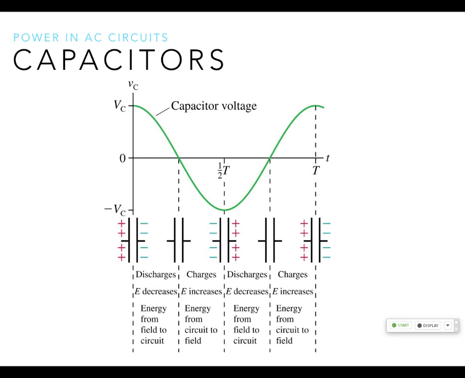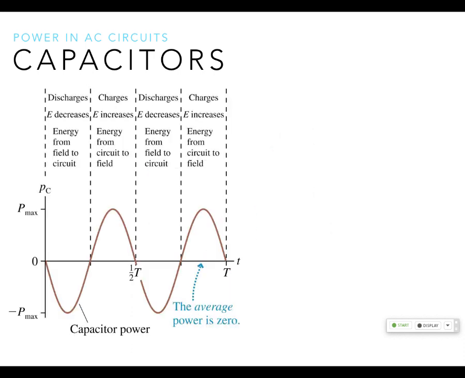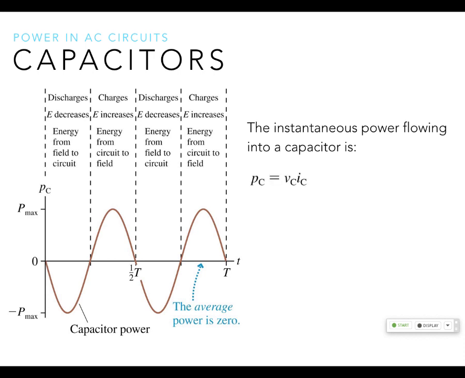Okay, so if you want to look at the power for a capacitor, it looks like this. This is the instantaneous power flowing in and out of a capacitor, which means instantaneous power is voltage times instantaneous current. So you plug in the voltage sine wave, you plug in the current as a sine, okay? You do some trig stuff, and you get something that looks like this, because this times this gives you this factor of 1/2.